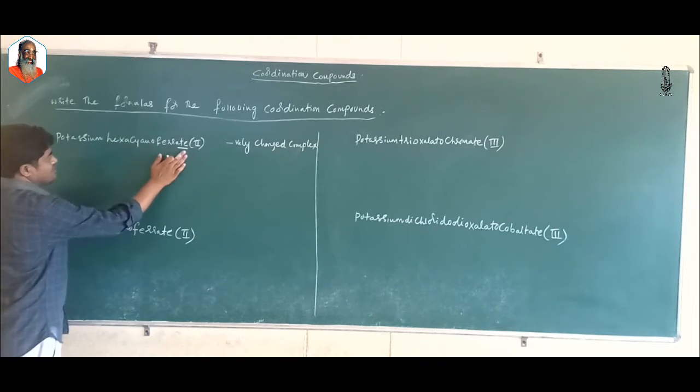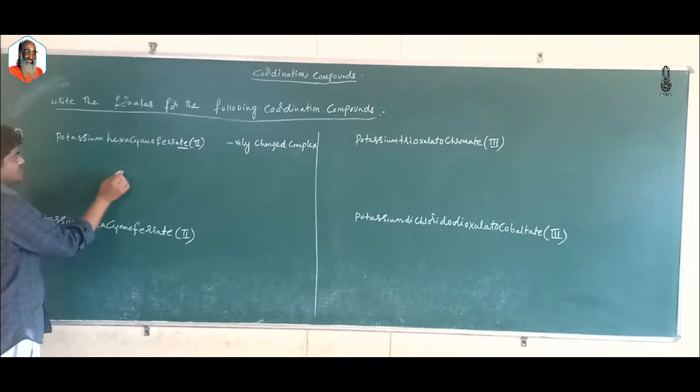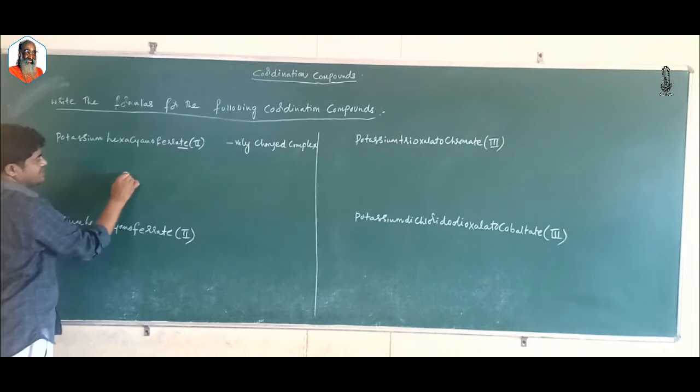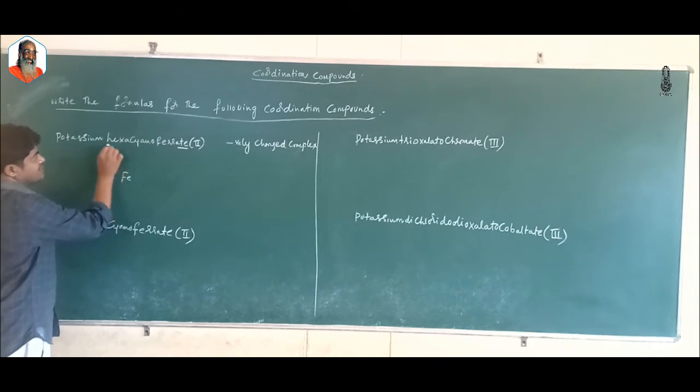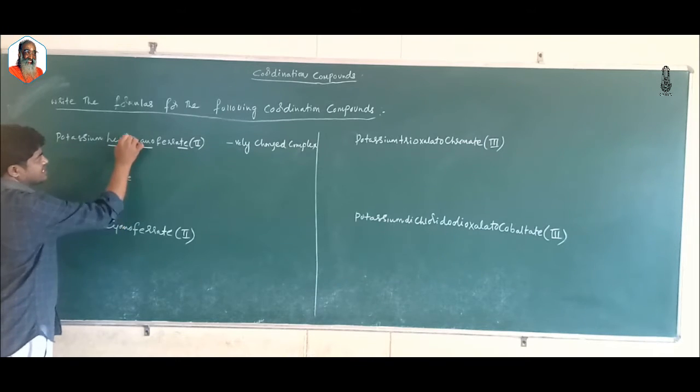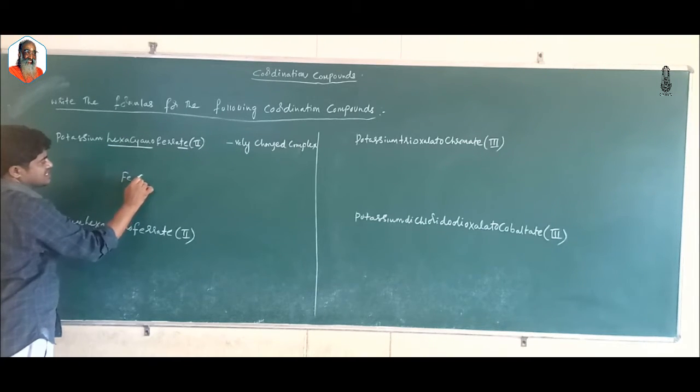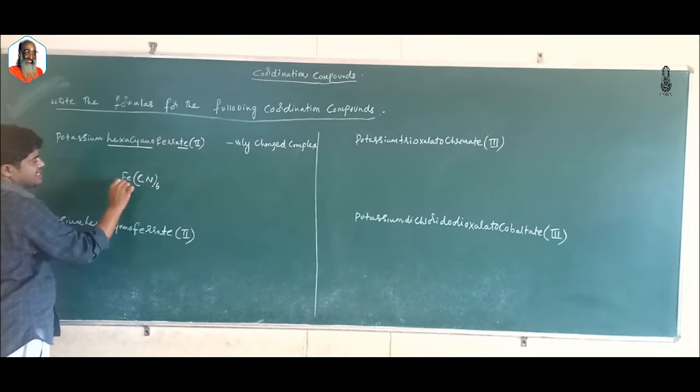Potassium hexacyanoferrate. You see here, first let us write iron, ferrate. Hexacyano means there are 6 cyanide ligands. CN is the symbol of cyanide. Hexacyanoferrate. Iron, hexacyano is written.